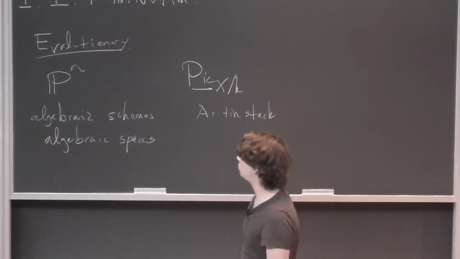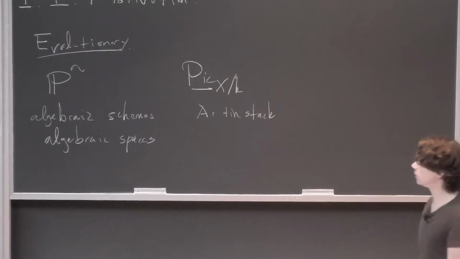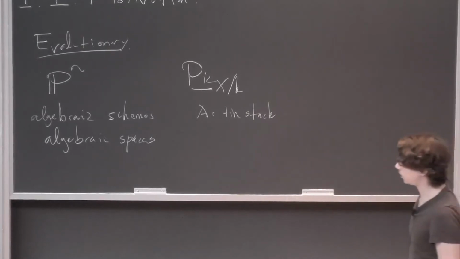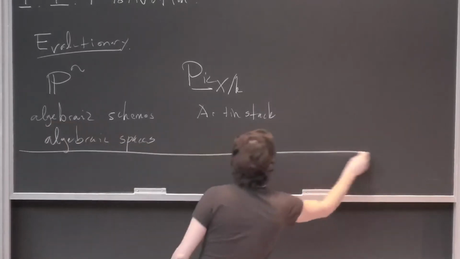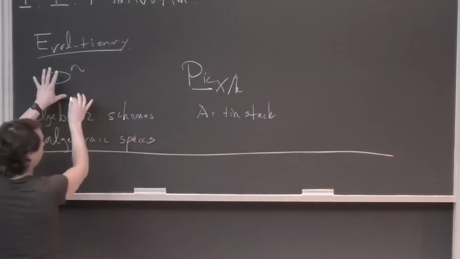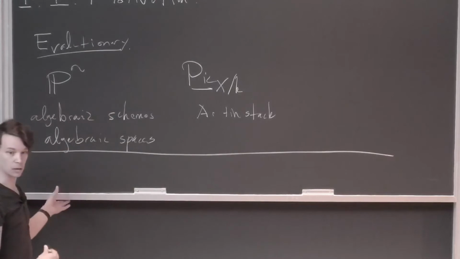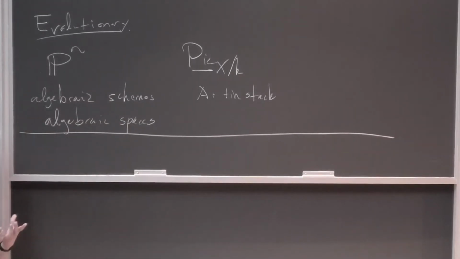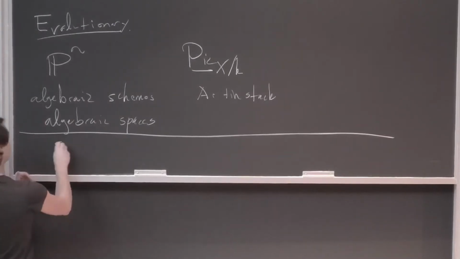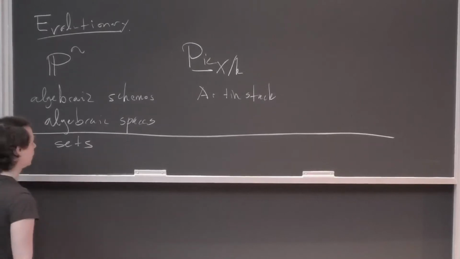And to make the next move in the evolution of these objects, we need to realize a couple of things. So these are all certain kinds of sheaves of sets. I'm going to really emphasize the functor of points perspective on this. So these are all étale sheaves of sets here.